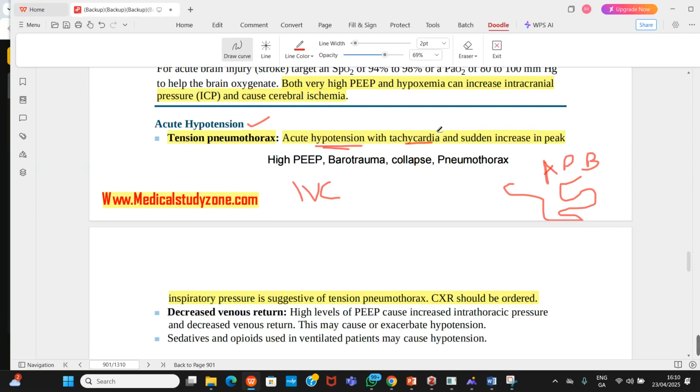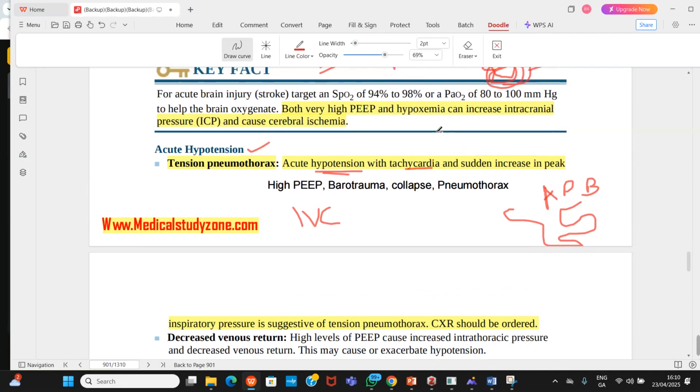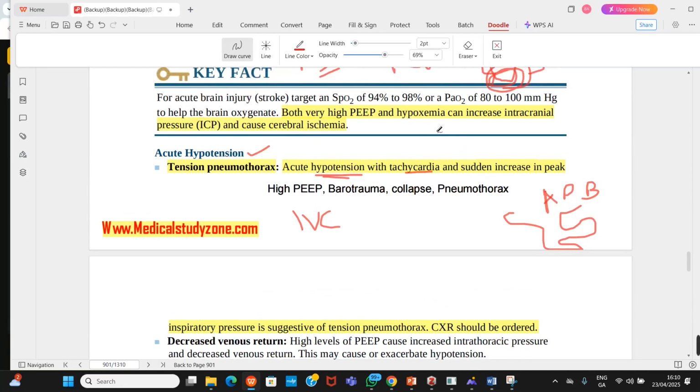When it accumulates, at a point, it starts exerting pressure on the lung, shifting the mediastinum, kinking the IVC, and leading to what? A reduced preload to the heart. So that's going to cause what? Hypotension. So you just see hypotension, tachycardia.